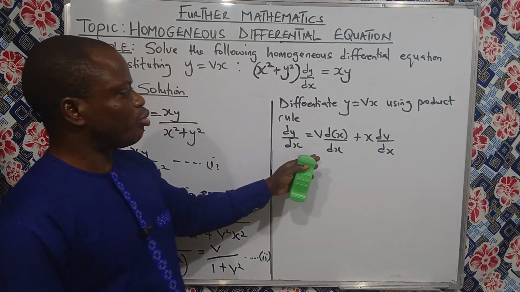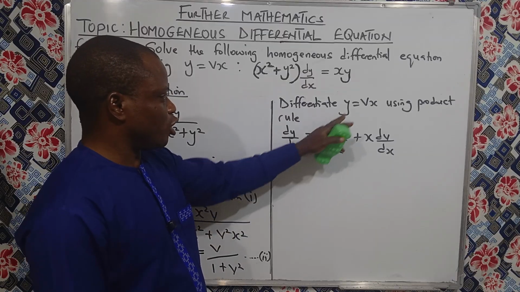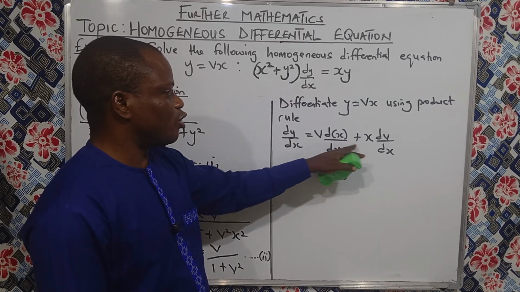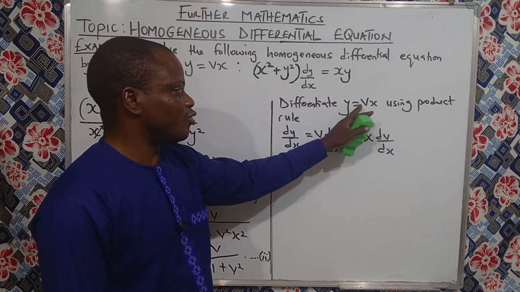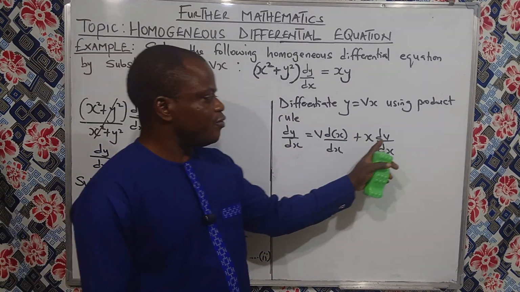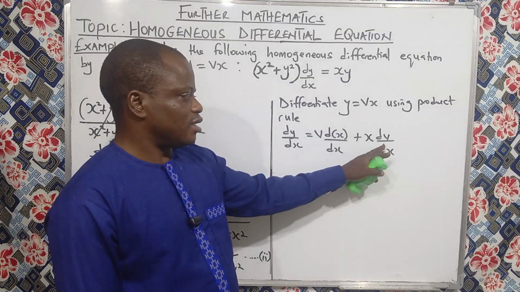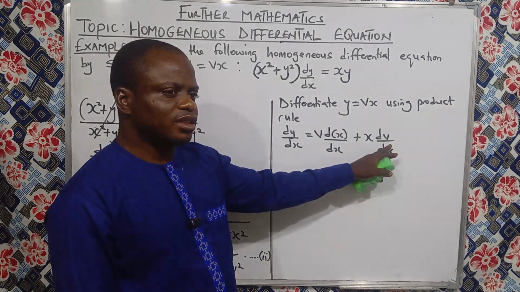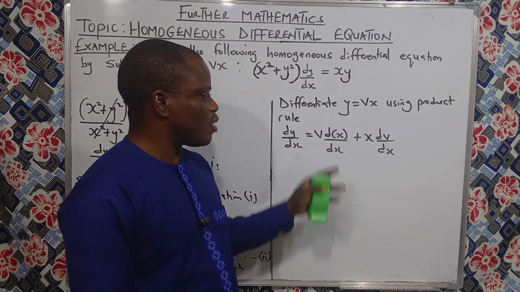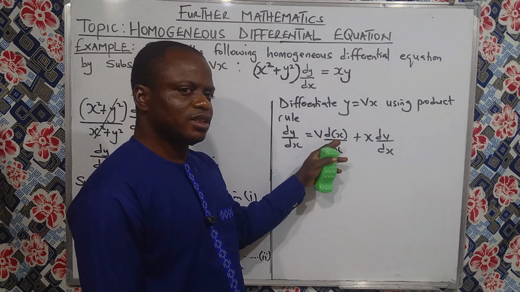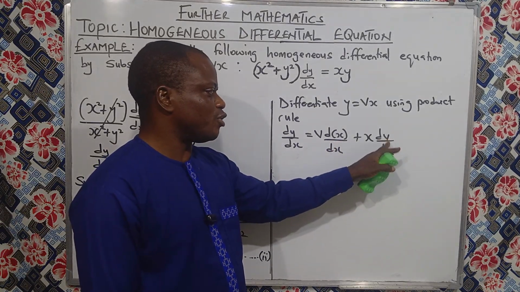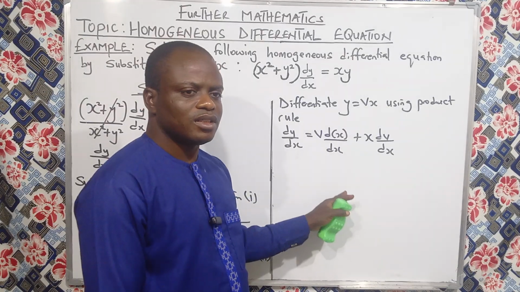Please take note, this is what we call the product rule. You keep this v and differentiate x with respect to x, plus you keep this x and differentiate v with respect to x. Now, what you need to know is that dv over dx will not change, it will remain like this. Why? Some students get confused about why we differentiate x and we don't differentiate v. We leave dv over dx the way it is in the expression.